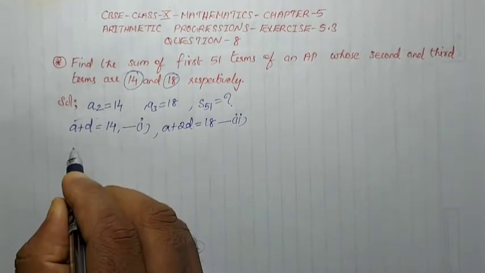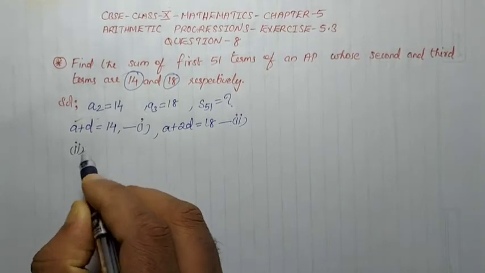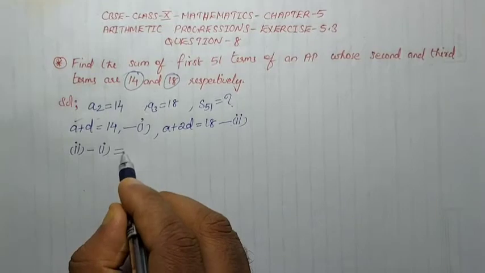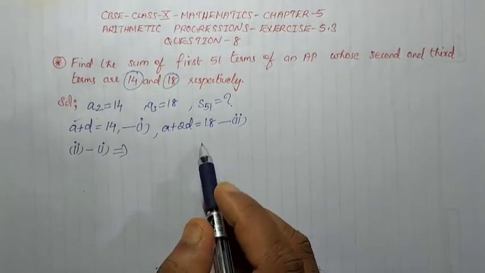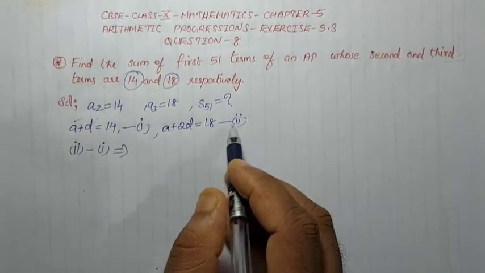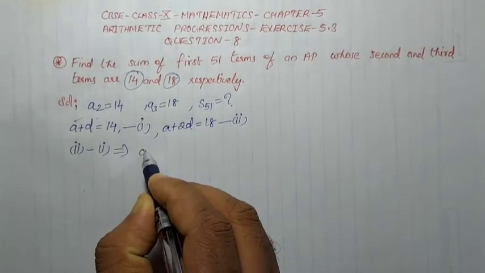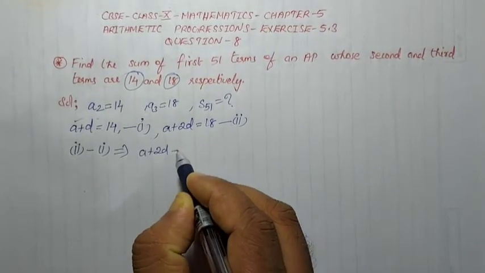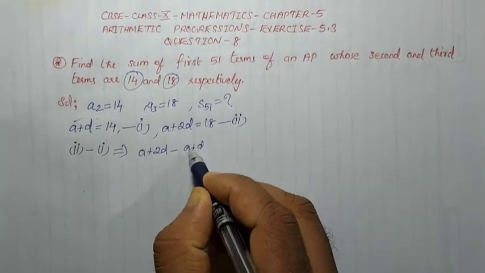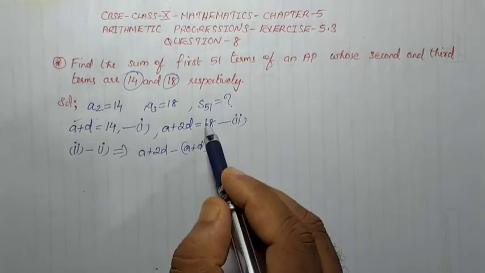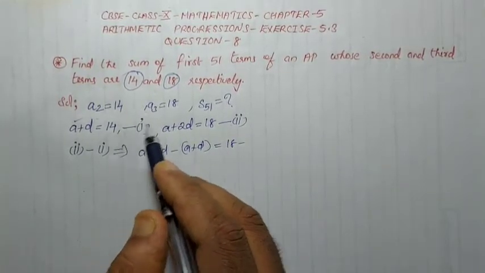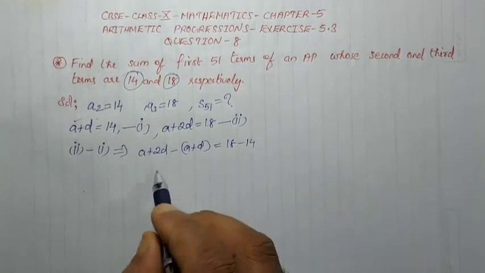In order to find that, you can subtract equation 1 from equation number 2. Equation number 2 minus equation number 1, left side minus left side, right side minus right side. So A plus 2D minus (A plus D) is equal to 18 minus 14.